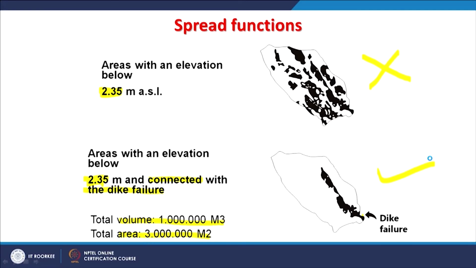Because you have given a very realistic example for your higher ups, you say, sir, this is the best scenario which I am going to present to you, that only these areas will get inundated. This does not mean that any area which is lower than this area will get inundated, because it is not connected. So, your higher ups would be very happy that yes, you have presented a very good realistic scenario.